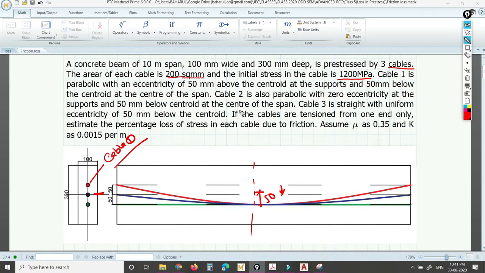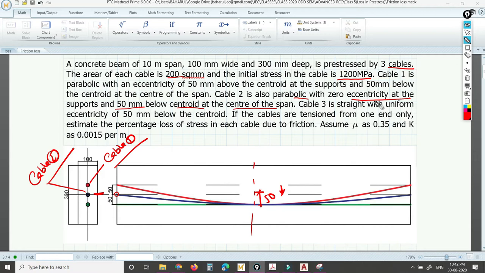Then the second cable is also parabolic, with 0 eccentricity at the support and 50 mm below the centroid at the center of the span. That means suppose this blue line is cable 2, which has 0 eccentricity, that is, it is placed at the centroid of the section at the end, but at an eccentricity of 50 mm below the centroid at the center of the span.